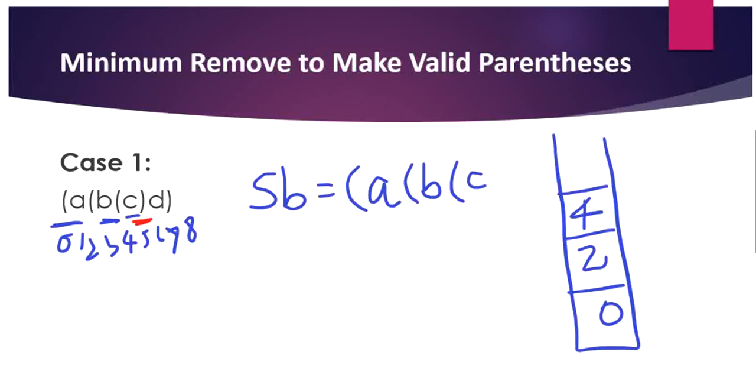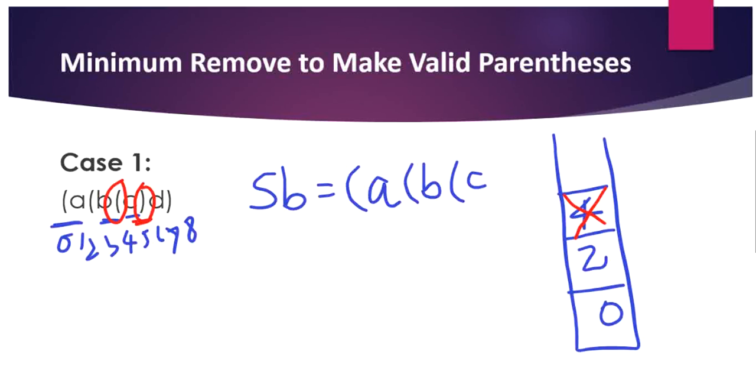In this case we are going to pop from our stack if the stack is not empty. Very important, if the stack is not empty. So if the stack is not empty, we are going to pop one value from the stack, which means this particular bracket has its corresponding open bracket.